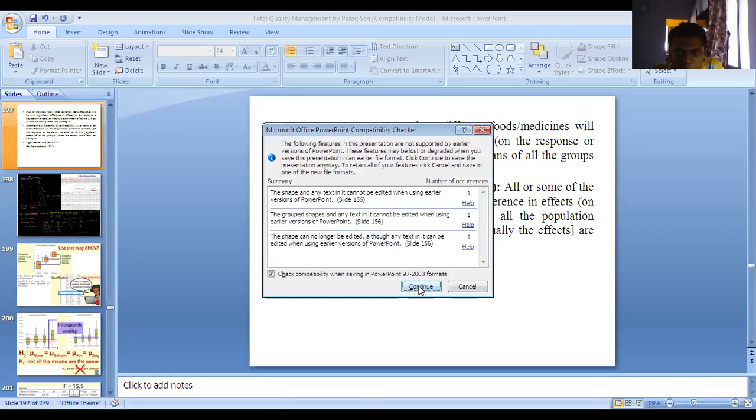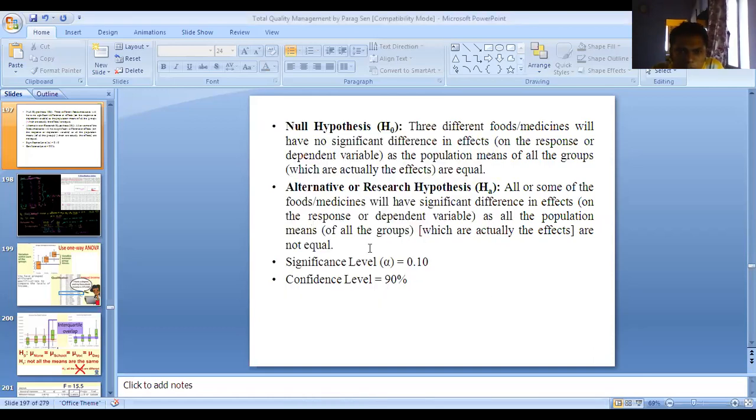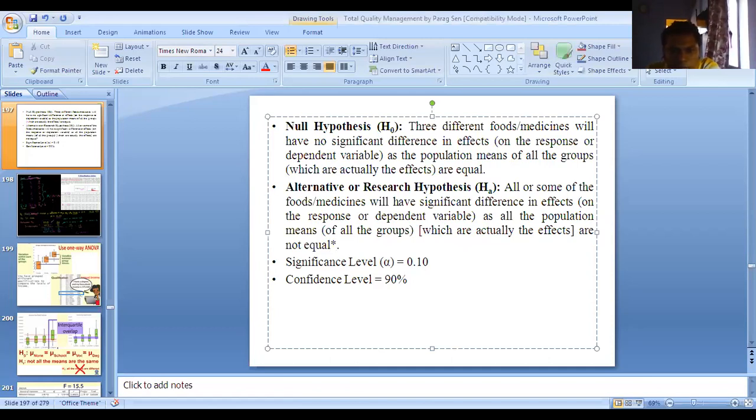So I am also writing this thing. I am putting a star here.